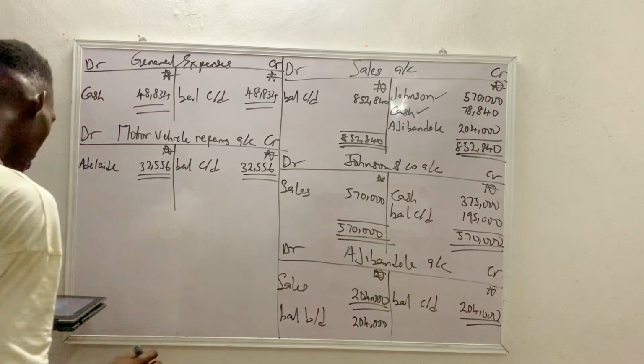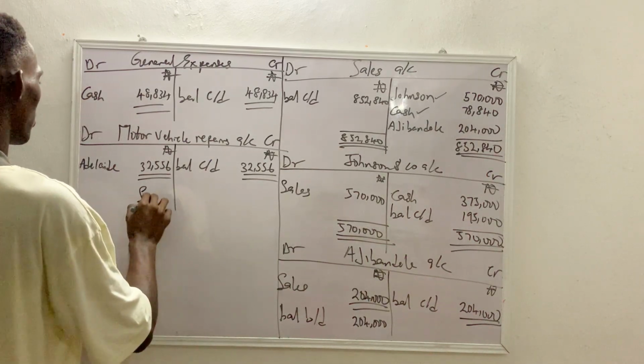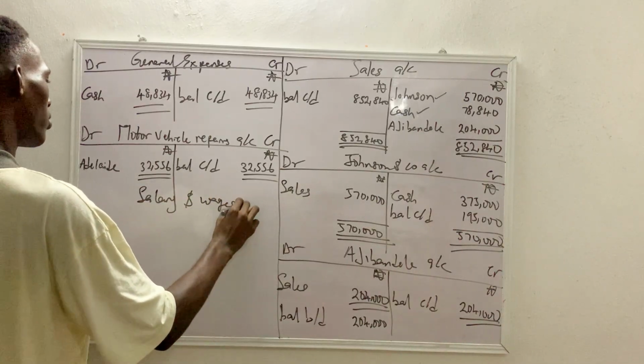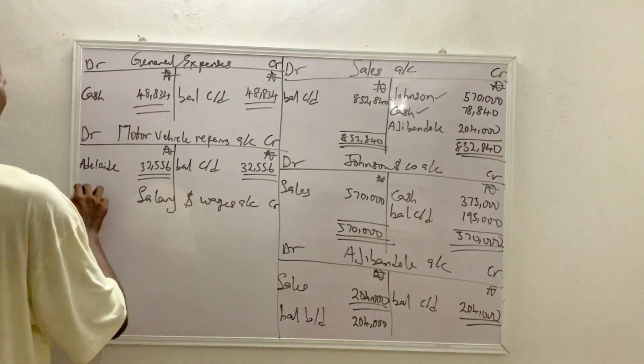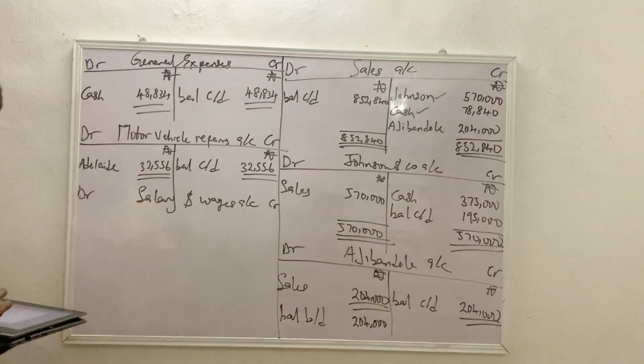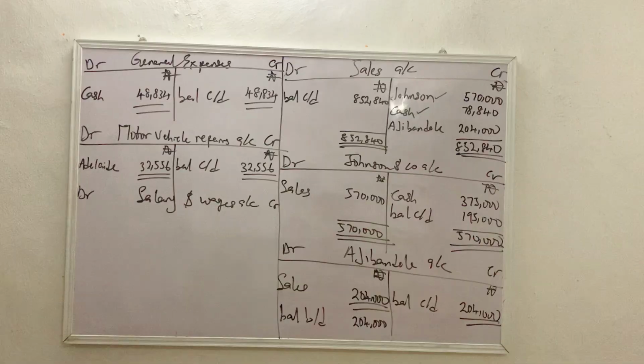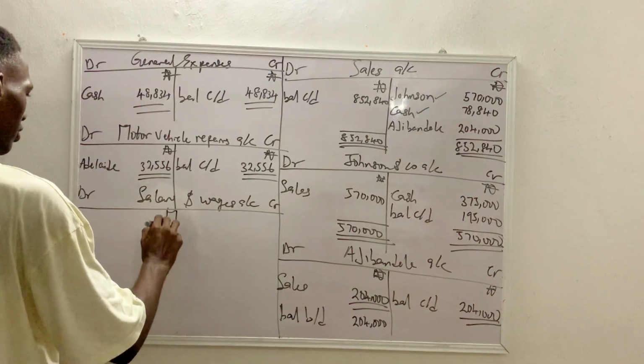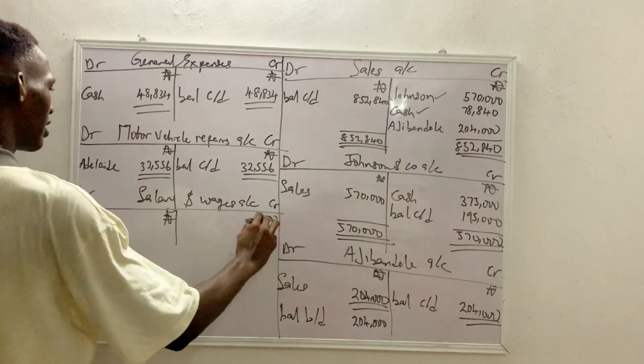Next is salaries and wages. Salaries and wages. You put your currency sign, which is very necessary.